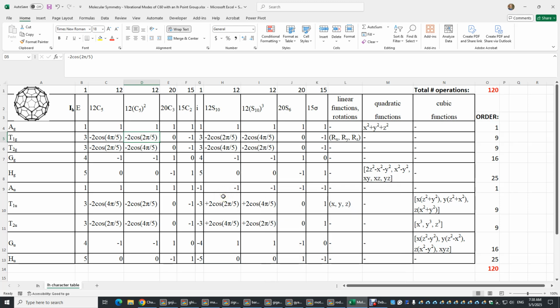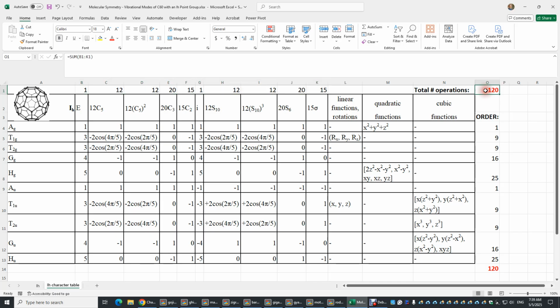In this video, I will determine the symmetry of the vibration modes of carbon 60 that belongs to the icosahedral point group. This point group has 10 different irreducible representations, 10 different types of symmetry operations, and in total 120 different symmetry operations.